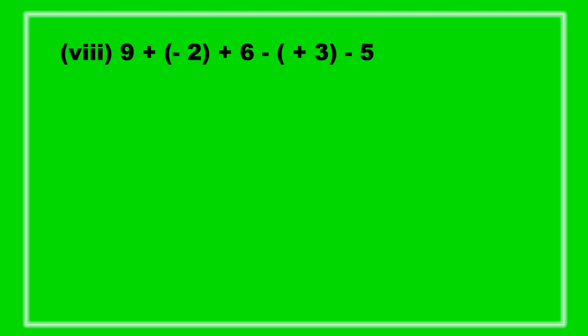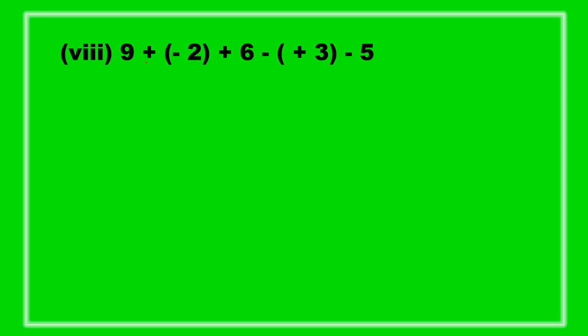Here is the next example. 9 plus of minus 2 plus 6 minus of plus 3 minus 5. Okay. Here I have taken one more term. So no need to worry. Even if there are 2 more, 3 more, 5 more terms also, your solution should be finished in 4 steps. Okay. So what is our first step? We should remove the brackets. Right.